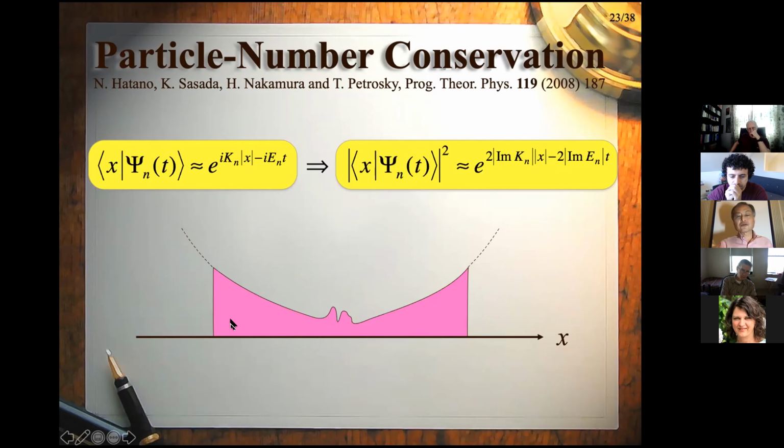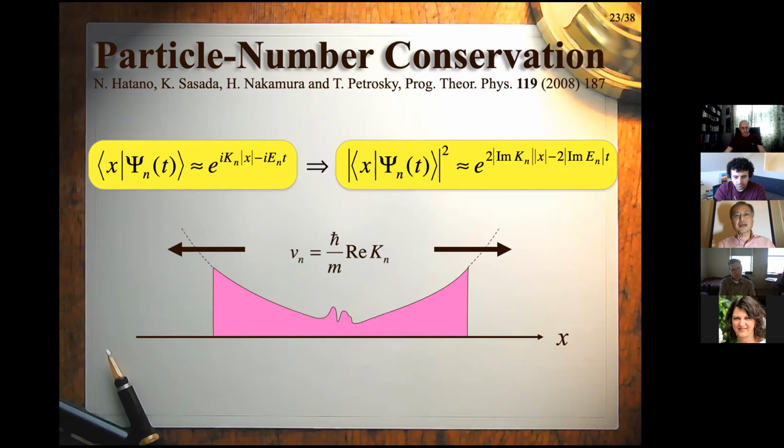After some time, because you remember in the resonance state the probability leaks outside, and the velocity of the leak is given by this.